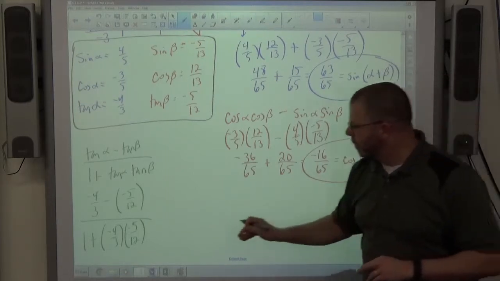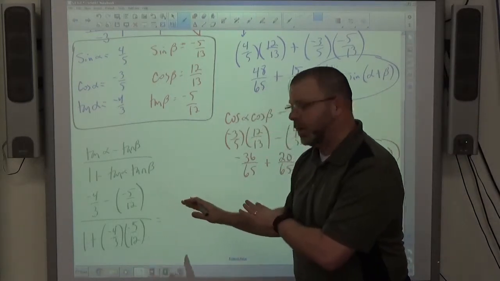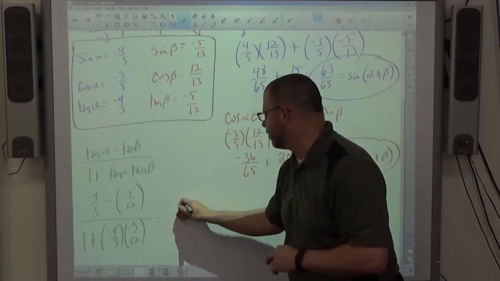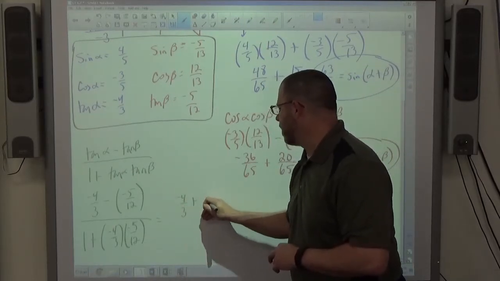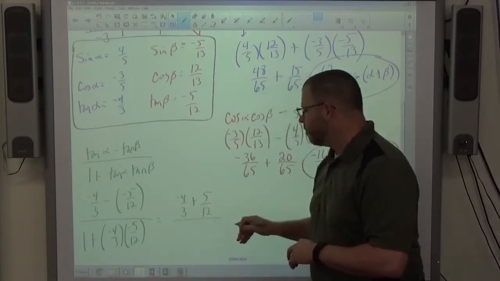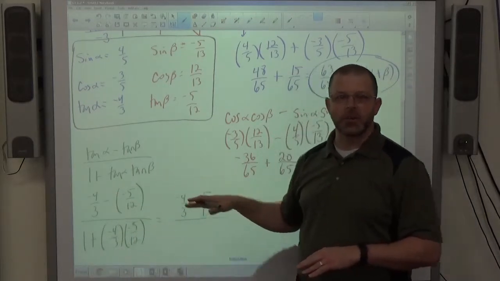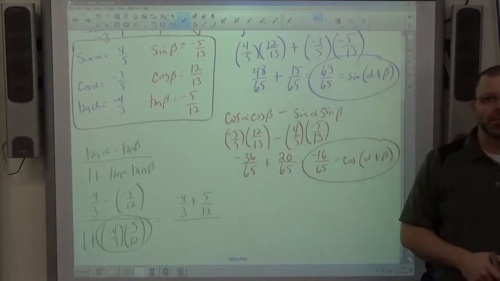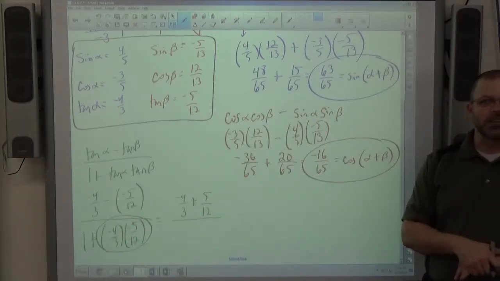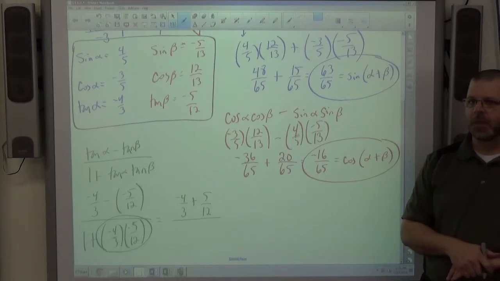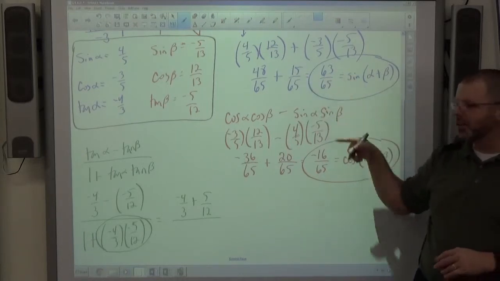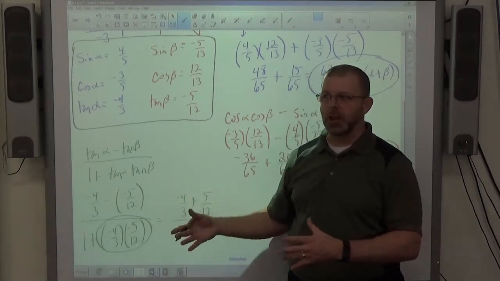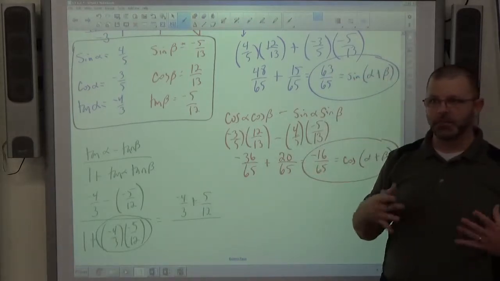All right. So what I'm going to do here is deal with minus-minus situations. So negative 4/3 plus 5/12. So I'm going to do that. But I don't want to worry about the fact there's fractions in the numerator until I get this term right here. There's always a product happening right there. I want that simplified. And reduction of fractions here is helpful. Where here we were adding or subtracting fractions, here I want to get the smallest denominator possible because I'm trying to get a least common denominator to get my best expression.